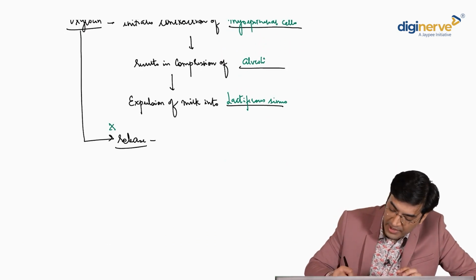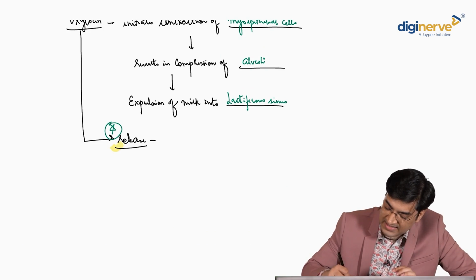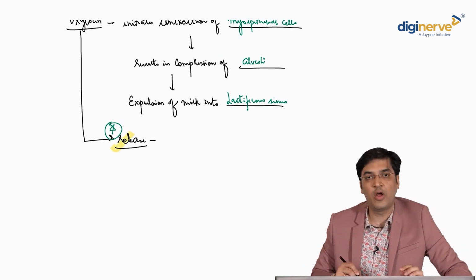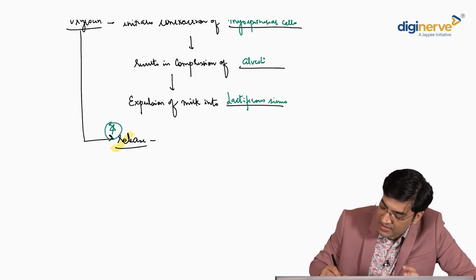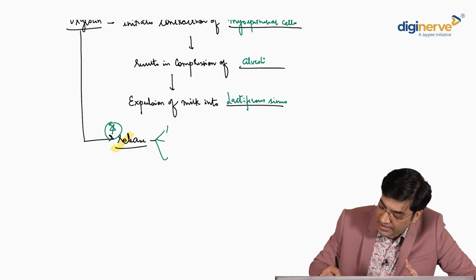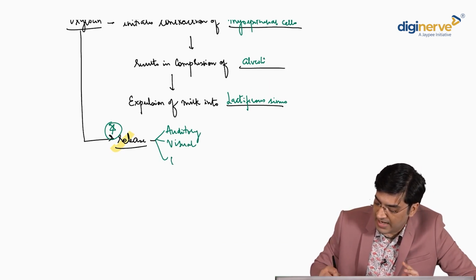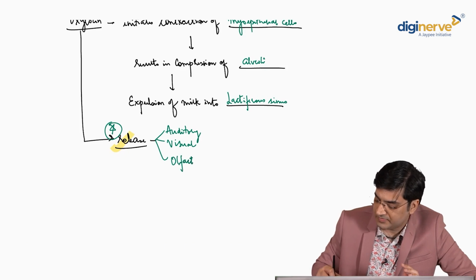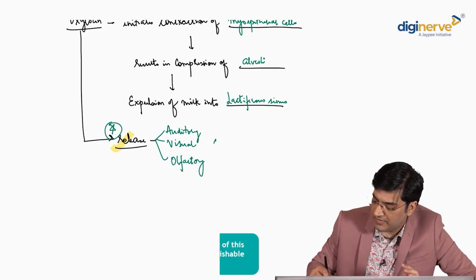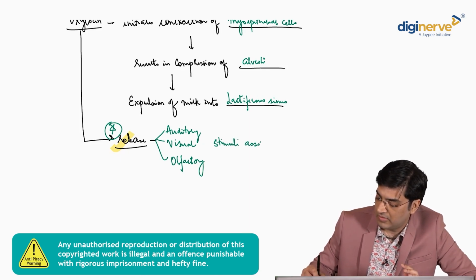Now, the key point here, which you must have known beforehand as well, is that the stimulus for oxytocin release occurs due to which all types of stimuli? Auditory, visual, and even olfactory stimuli associated with nursing.